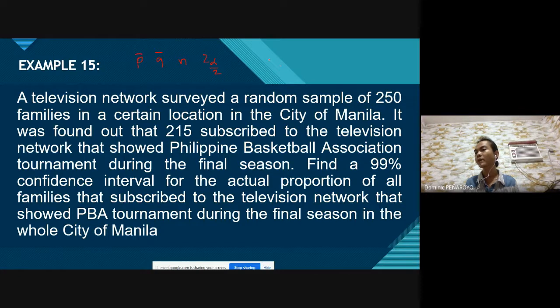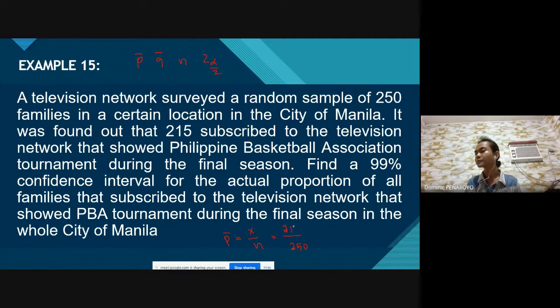So, the formula we have for P bar, again, is X over N. Here, according to the problem, a television network surveyed a random sample of 250. So, sample natin is 250. And then, doon sa sample na yon, the portion of interest, they found out that 215 subscribed to the television network.